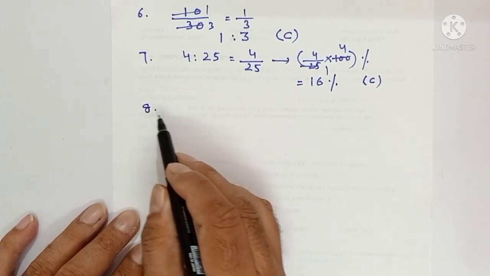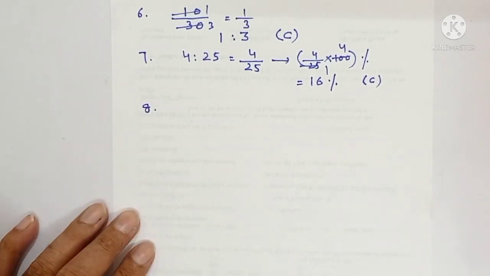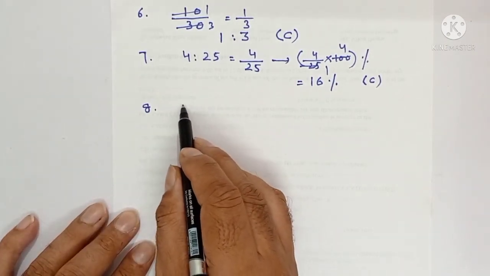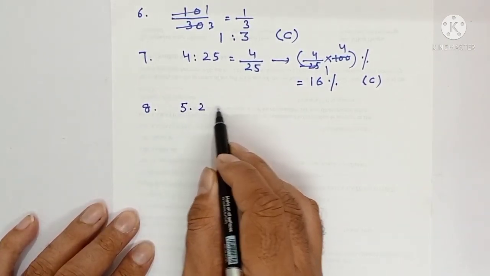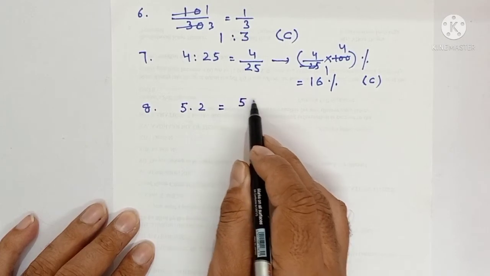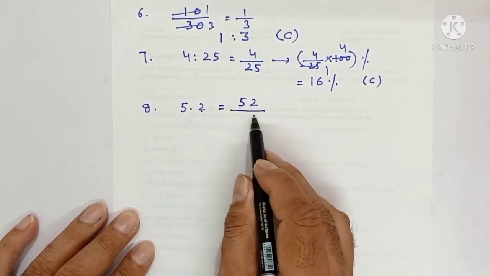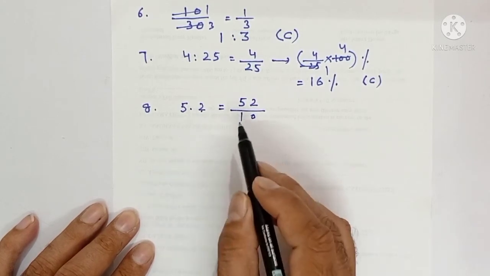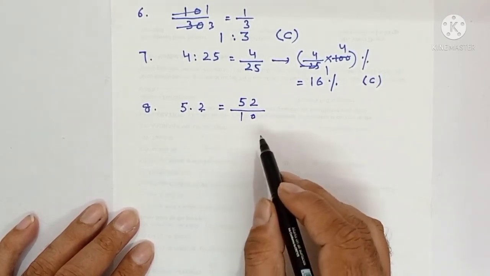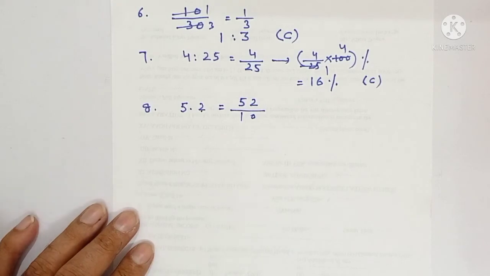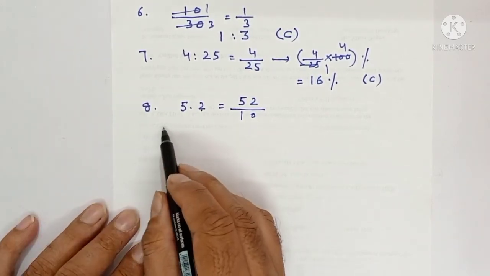8th number, 5.2 is equal to, so if I write it, 52 upon 10, in place of decimal it is 10. So 52 over 10, he has given options.